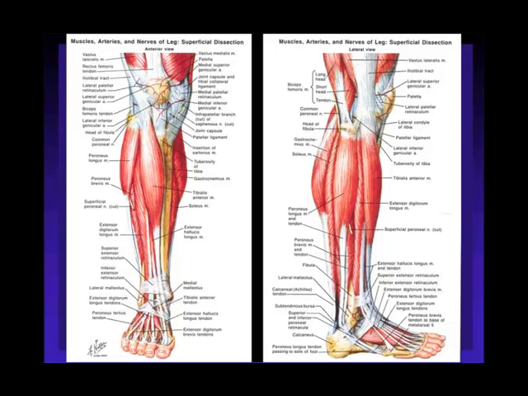So we'll switch to the calf and talk a little bit about compartment syndrome. Obviously, there are 4 compartments in the calf, each housing different muscles. Tendons of the foot and ankle are easily palpable.